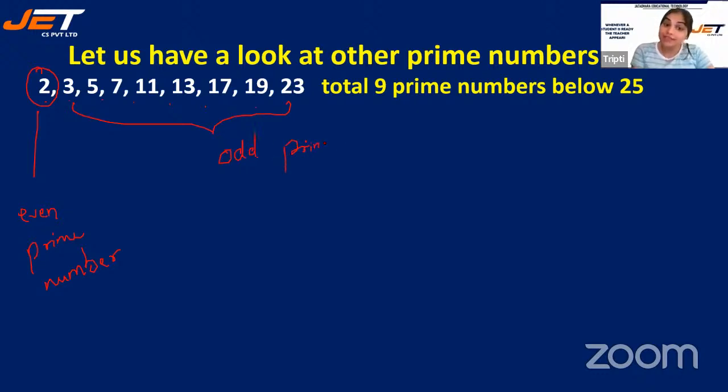Why is this so? Because obviously the even numbers come in the times table of 2. So if I talk about 4 or 6, 1 is the factor of all numbers, you know that. The number itself is also a factor of that number. But for an even number, 2 is also a factor. So 2 is the single even prime number.